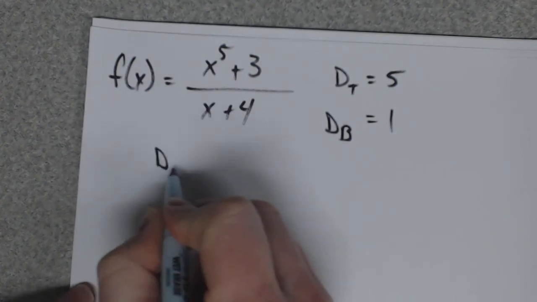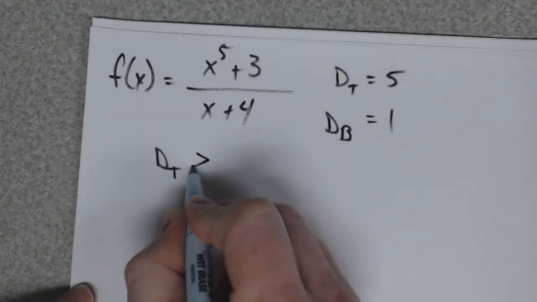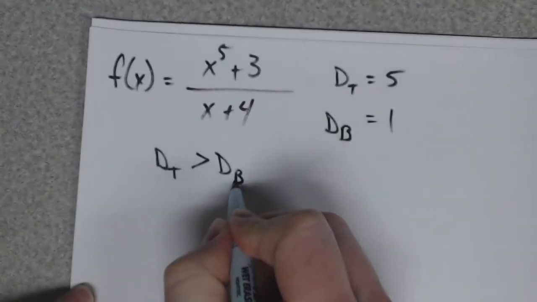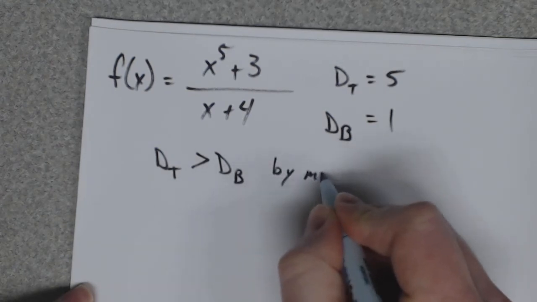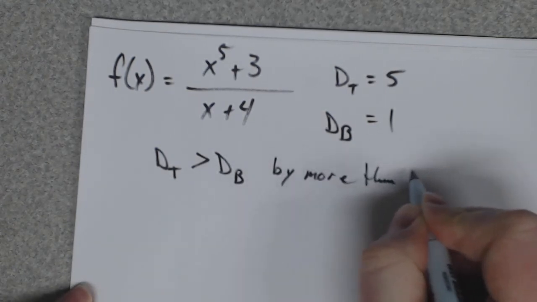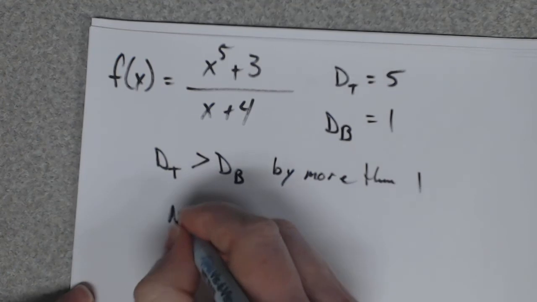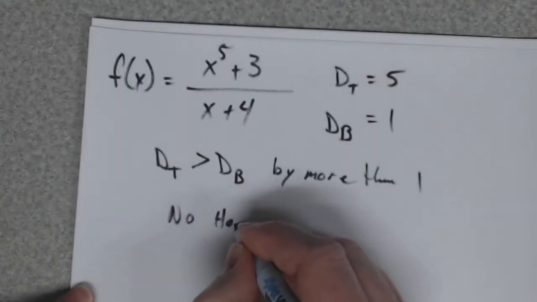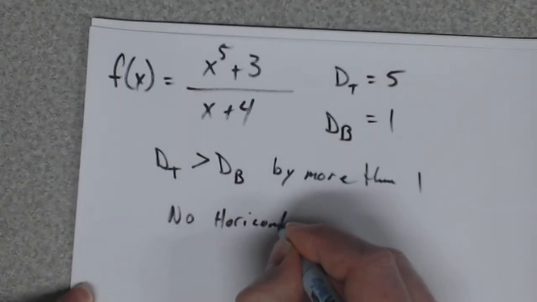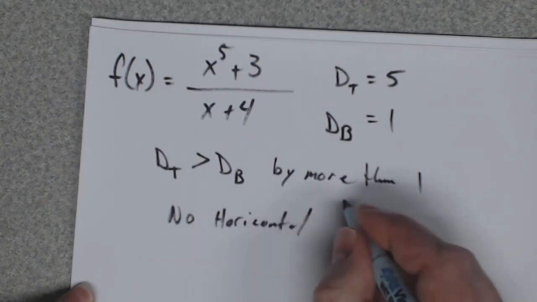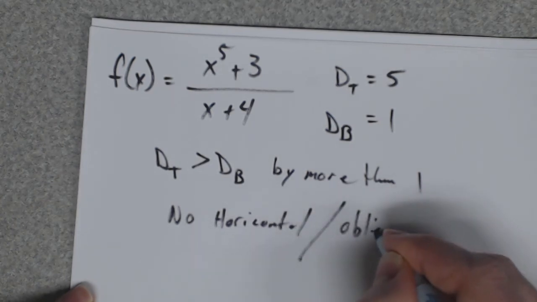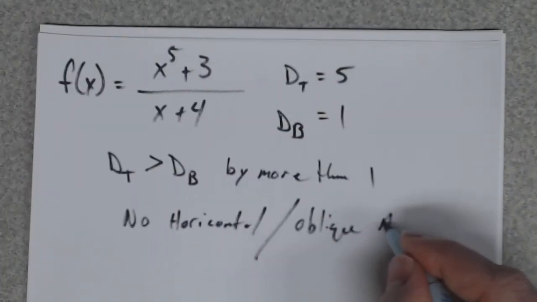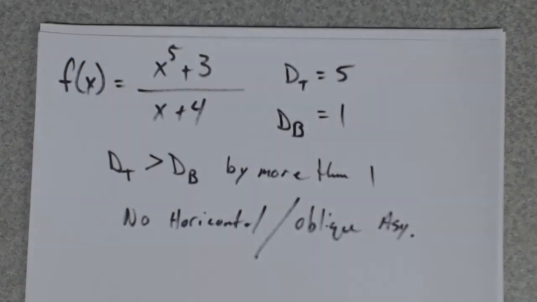When the degree of the top is greater than the degree of the bottom by more than 1, there is no horizontal or oblique asymptote. There is none.